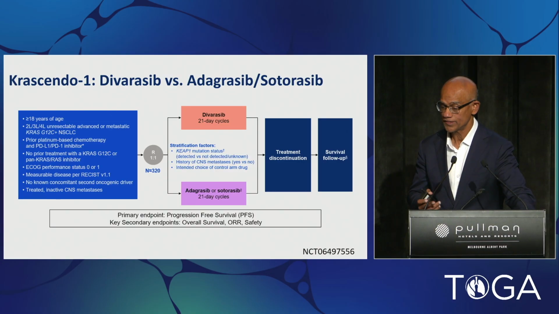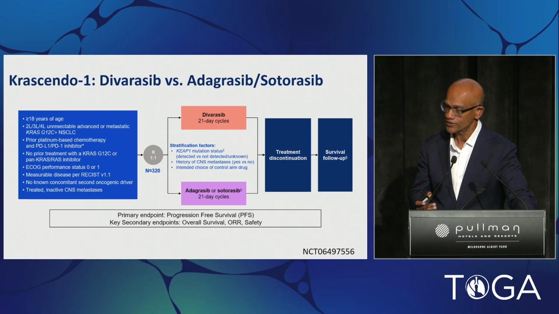Now, importantly, divarasib has been compared not with docetaxel, but with the first generation G12C inhibitors, adagrasib and sotorasib in this study, Crescendo-1. So these patients who had received prior chemotherapy were randomized to either divarasib or adagrasib. There were stratification factors, including the presence or absence of KEAP1 mutations, CNS metastases, and choice of adagrasib or sotorasib.